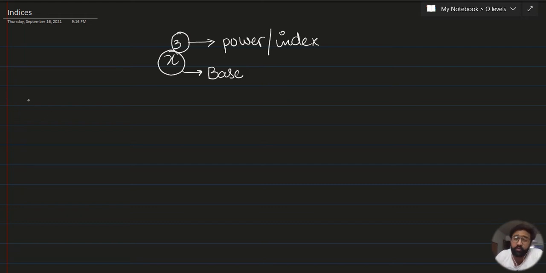There are a few very important properties that we need to remember, and I'll go through those properties one by one.